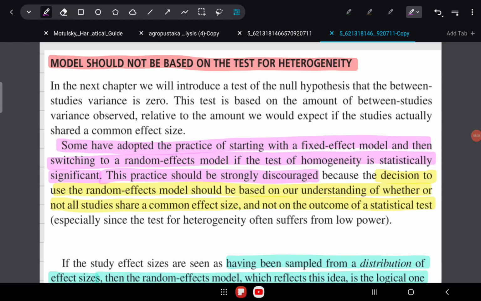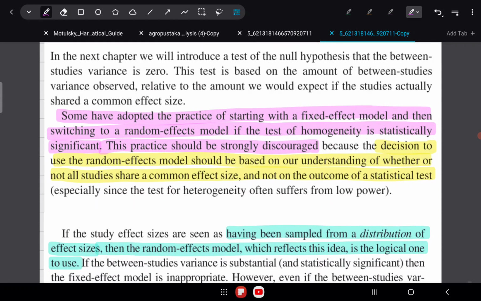So if your goal is to generalize and you are expecting that the effect sizes vary across the studies, then you should go for random effect modeling. Otherwise, if your goal is not to generalize, and you are expecting all the studies are functionally similar, then you go for fixed effect modeling. So it should be based on your expectations and understanding of the distribution of effect size and not some test of heterogeneity.